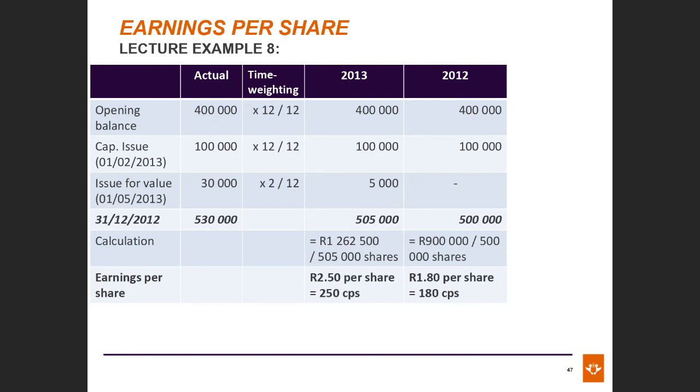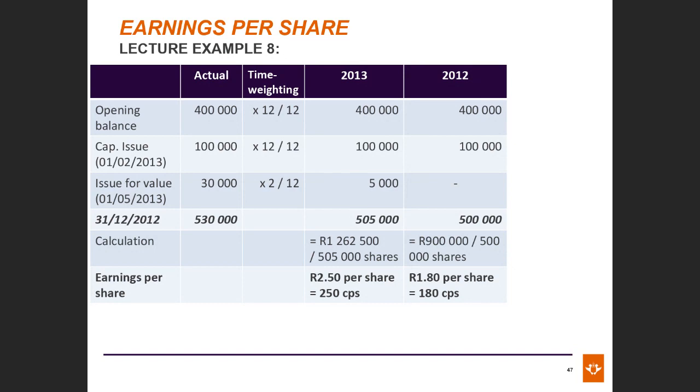Okay, so the capitalization issue was for no value, meaning no time weighting, but we do need to add it into our comparative year when calculating our earnings per share.